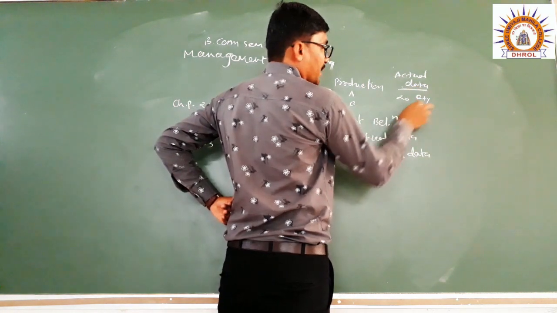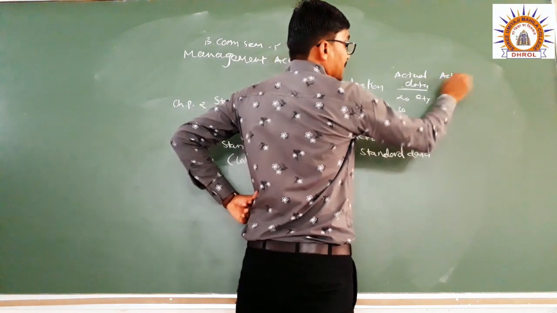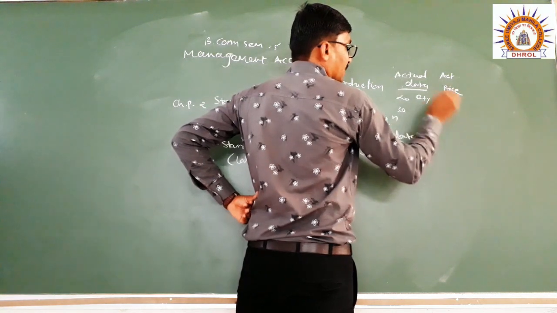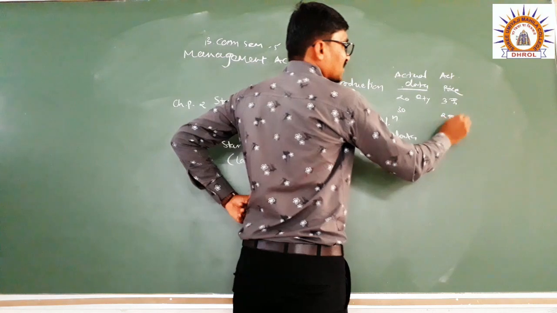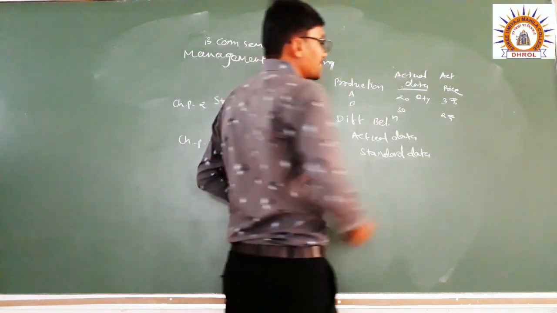Now compare with the actual price, suppose 3 and 2 rupees per unit. This is in rupees because the price is always in terms of rupees. And here we compare the standard.